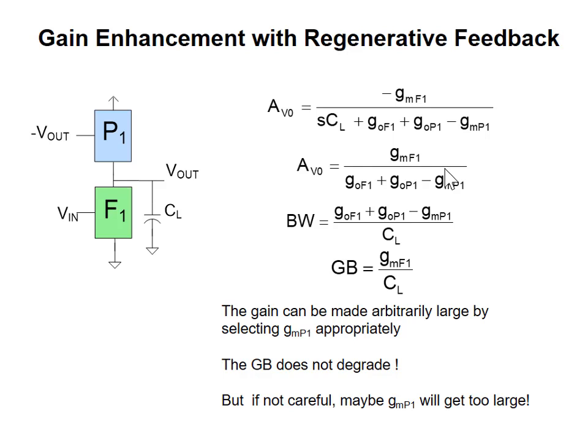We lose bandwidth, but that's not too bad because we don't lose gain bandwidth product. Is bandwidth real important? It totally depends on the application. But usually, can you find very many applications where bandwidth is important in contrast to gain bandwidth product?